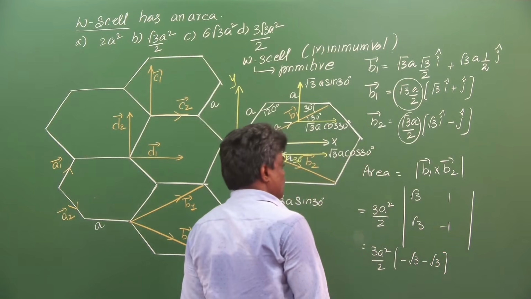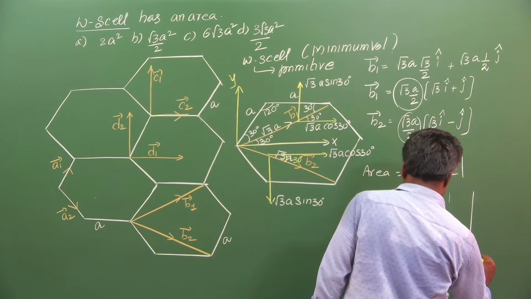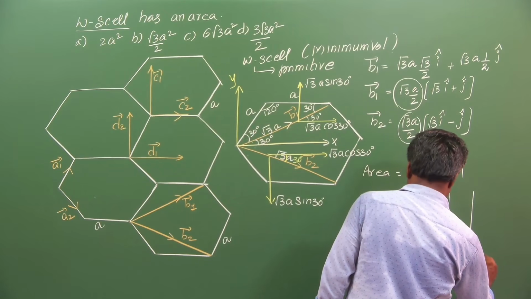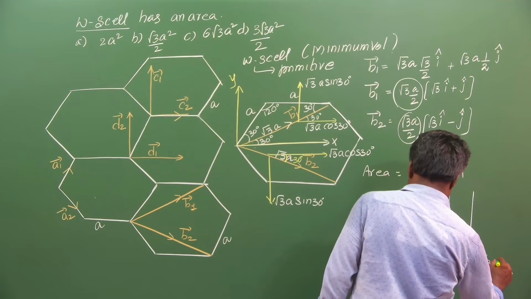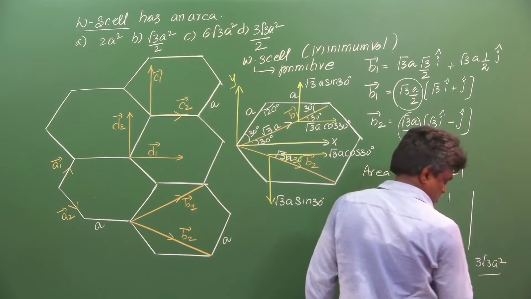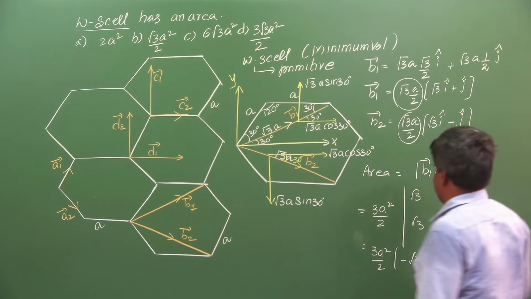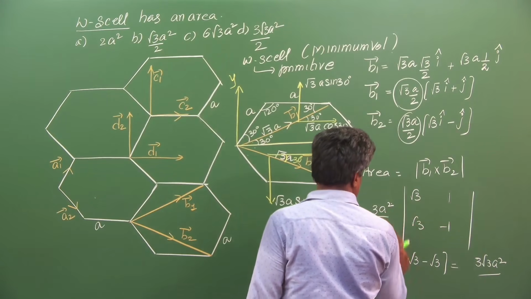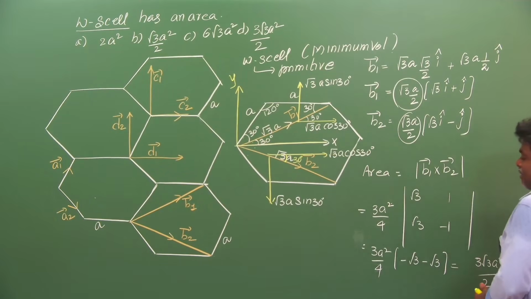The minus sign is the area direction. So this is 3 root 3 a square. But they have given 3 root 3 a square by 2. 3a square by 4. Just find the cross product.